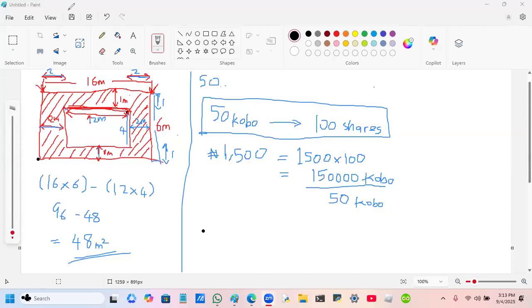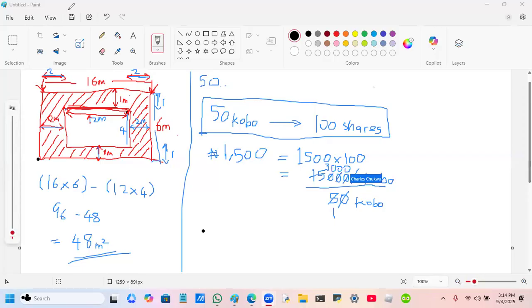So let's divide. 0 cancels 0. 5 goes into it how many times? 5 and 15, 3. Then you do the 0 thing, three times.